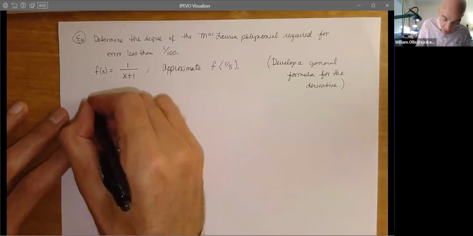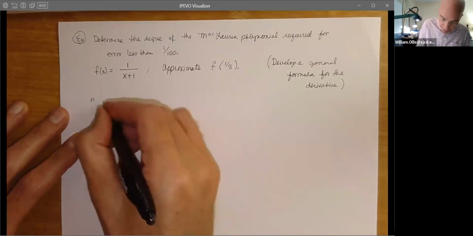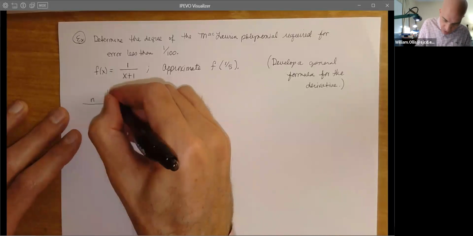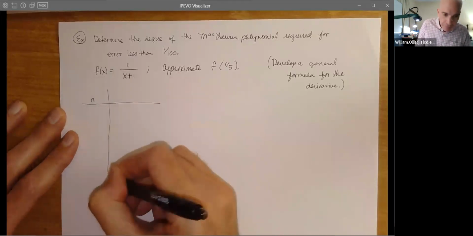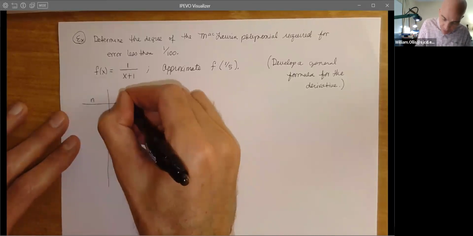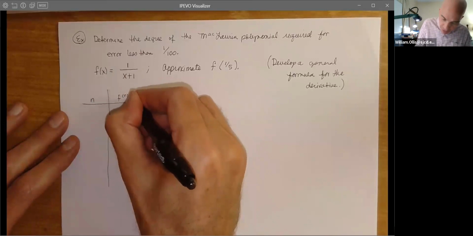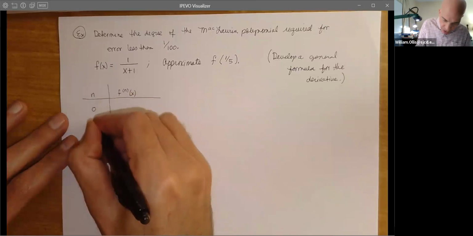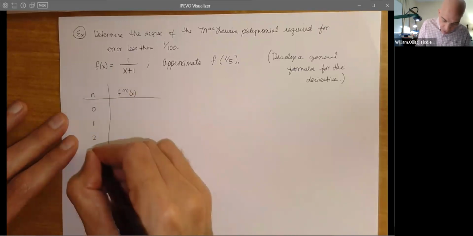So here's what we do. So we have n, and we're going to look to see what happens with the derivative. So let's just do f n of x. I think we can do several of these and figure out a nice pattern.